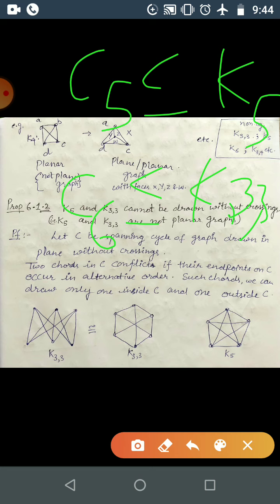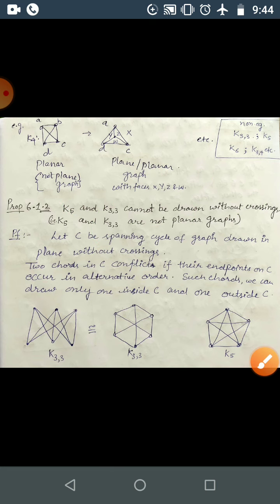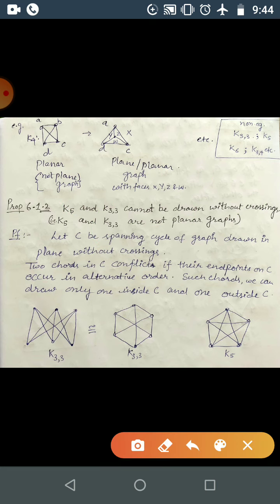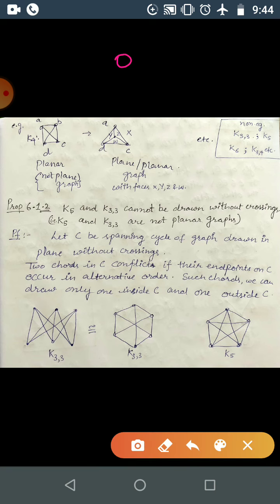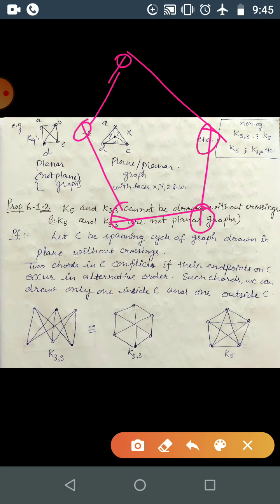Now we need to show that these are not planar, correct. Now these are the spanning cycles. This is C5, not C3. So this is the spanning cycle in K5.